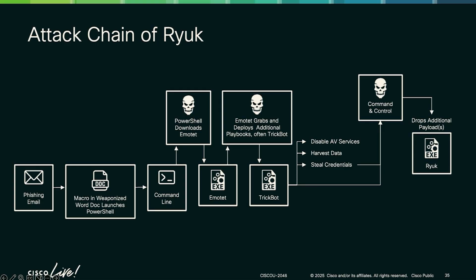It pulls that in and leverages that to disable antivirus services, harvest data, steal credentials, and then the command and control piece that it communicates with through those different pieces of malware then pulls down the Ryuk ransomware itself, and from there does the encryption and the ransom process.